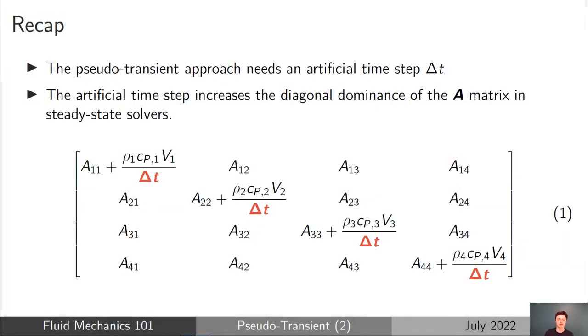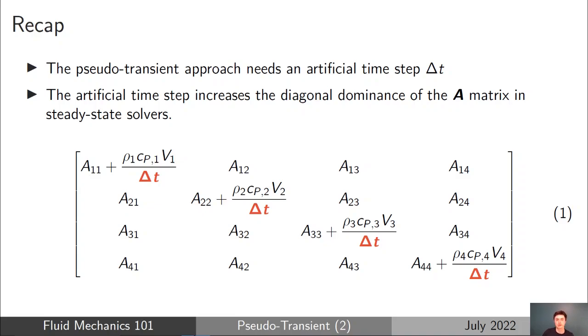So just starting things off with a quick recap of what we talked about in part 1, the pseudo-transient approach is a method that's used to stabilize steady-state CFD calculations. And it achieves this stabilization by increasing the diagonal dominance of the A matrix by adding an additional term, which you can see there in equation 1.